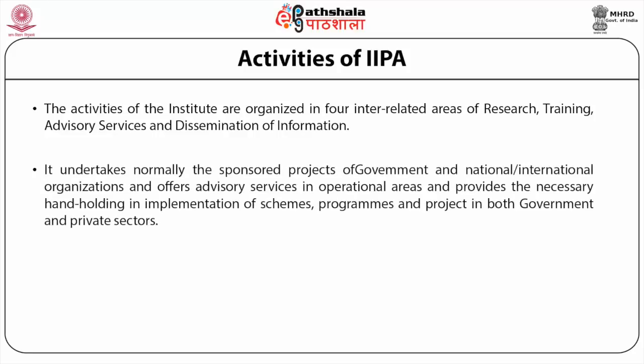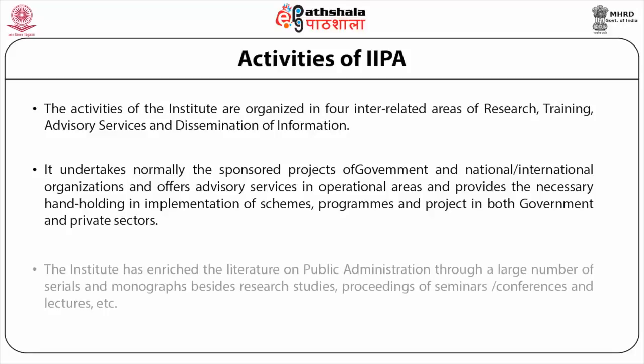It undertakes normally the sponsored projects of government, national, international organizations, and offers advisory services in operational areas and provides the necessary hand-holding in implementation of schemes, programs, and projects in both government and private sector.